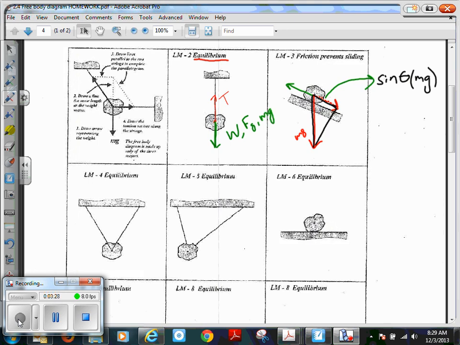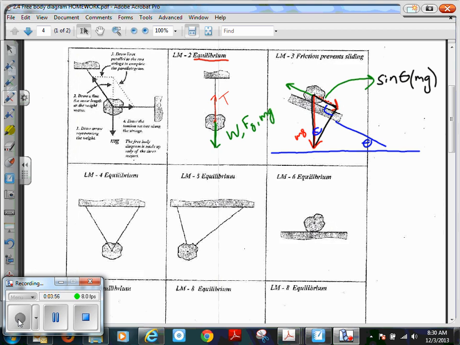And we said that this is a right triangle. Earlier we showed a geometrical proof that this theta is the same as this theta. So theta would be the angle of the ramp. And that's what gives you your force down the ramp, which isn't a real force, it's a part of gravity that's directed down the ramp.